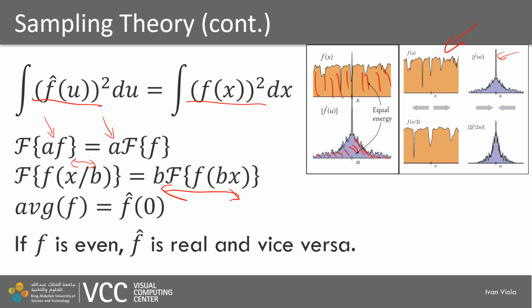And if we stretch the function by dividing the x by half, for example, we will actually be shrinking the frequency response after the frequency transformation. So a dilation in the spatial domain will result in shrinkage in the frequency domain.